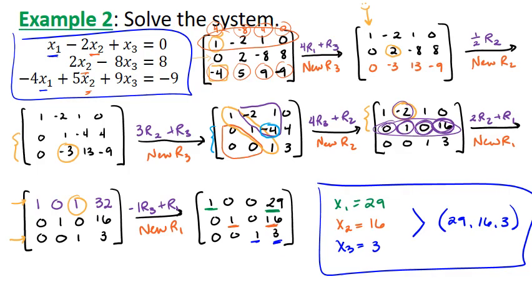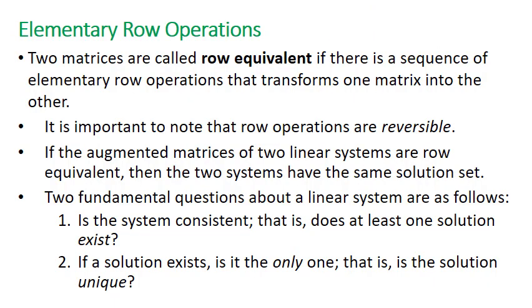Okay. So just a little bit more about this. As far as row operations are concerned, two matrices are called row equivalent if there is a sequence of row operations that makes one matrix into the other.